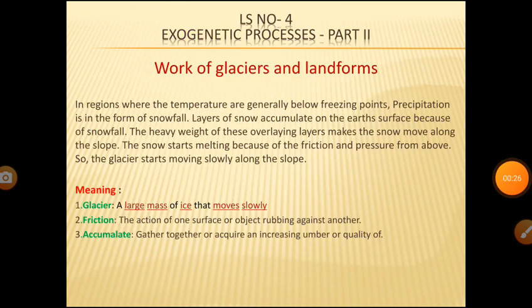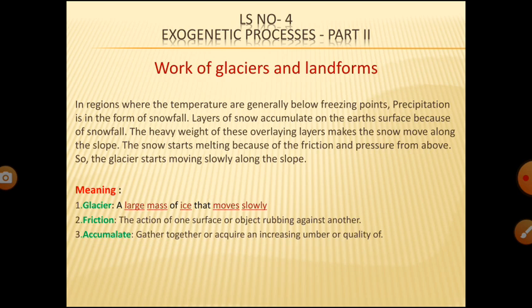Now we'll see the work of glaciers and landforms. What is the meaning of glaciers? A large mass of ice that moves slowly. In regions where the temperatures are generally below freezing point, precipitation is in the form of snowfall.